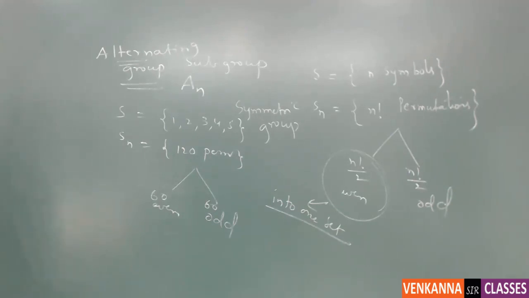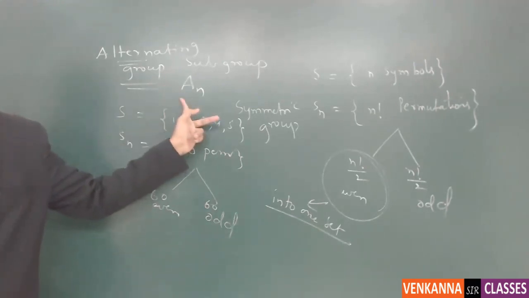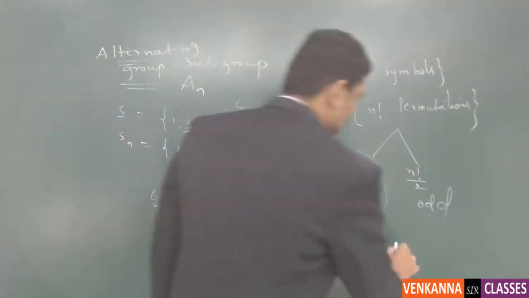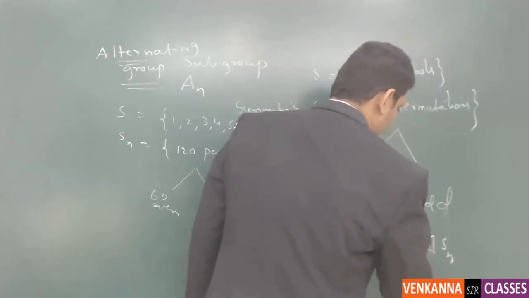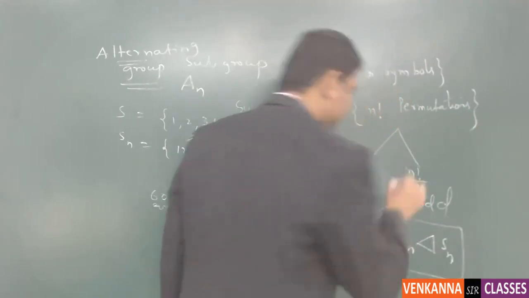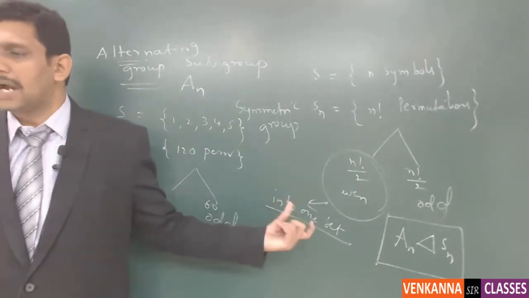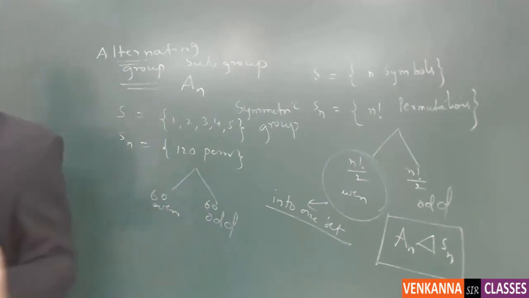One interesting observation here is that it is not only a subgroup, it is a normal subgroup of Sn. The set of all even permutations will become a normal subgroup of Sn, which we call the alternating group and denote with the symbol An.